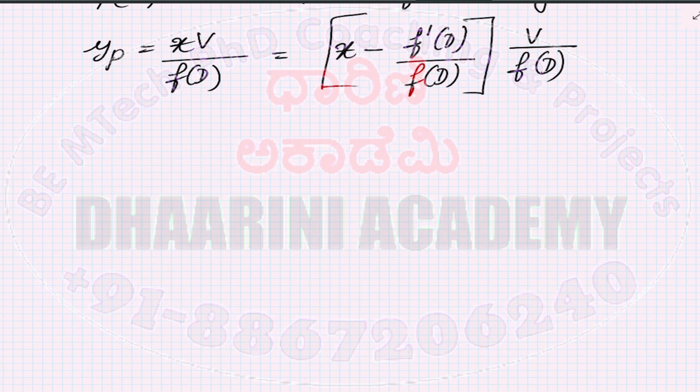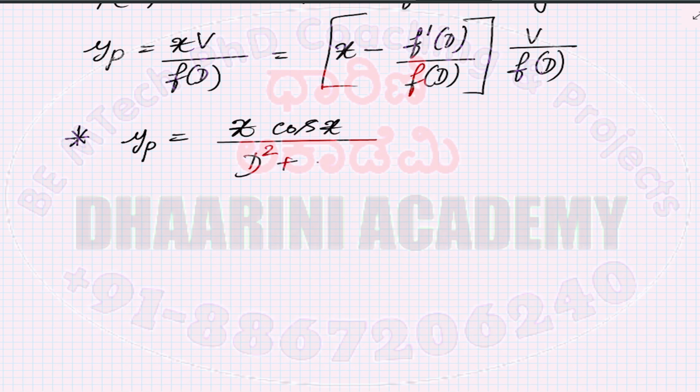So let's say in a problem we got yp equal to x cos x divided by D square plus 9. So we can see that x into v, so v becomes equal to cos x. Let's write down what we observe from this.